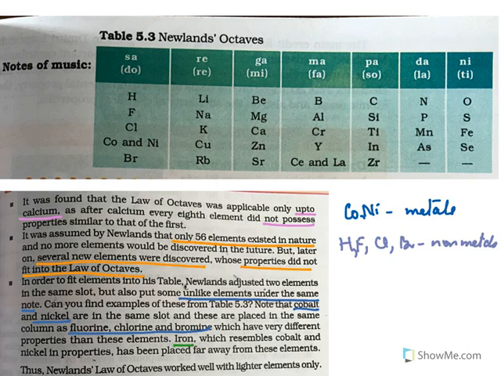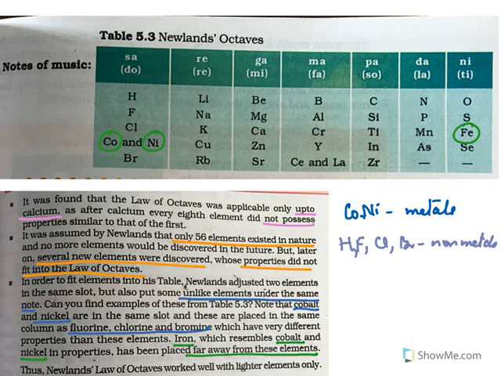Next drawback was iron, which resembles cobalt and nickel, was placed far away from them. Here was cobalt, nickel and iron was here. They should have been in the same group because they had similar properties, but they were kept away from one another.